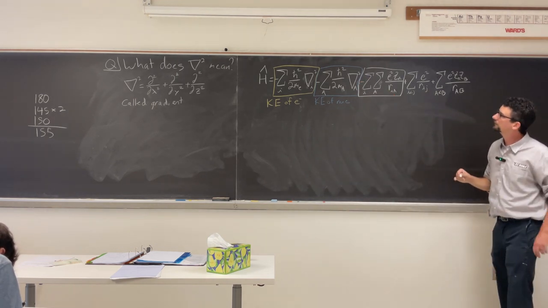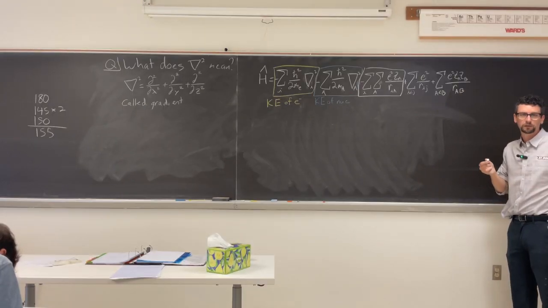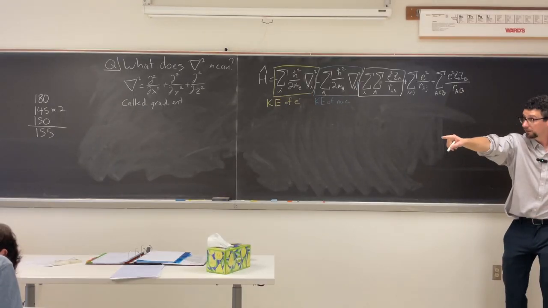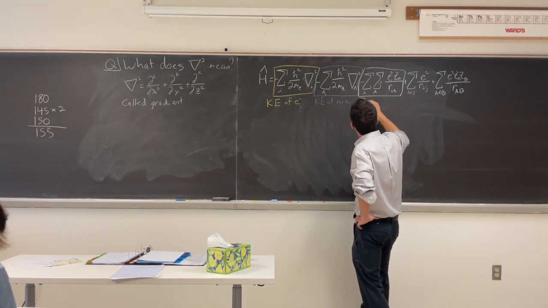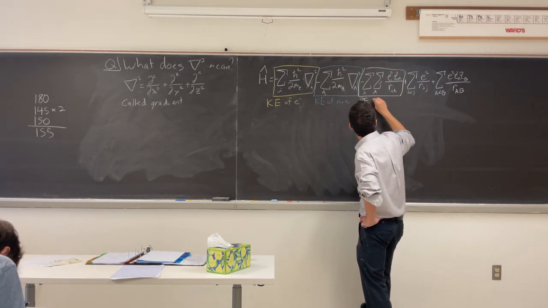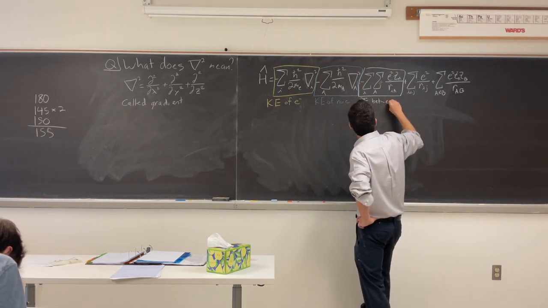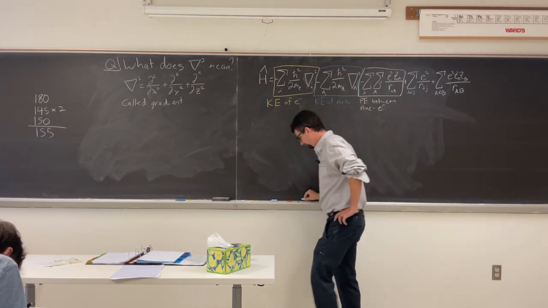What's this? What particles are in here? This is going to be the attractive forces of the electrons and the atoms. Yep. So this is a potential energy, which is also an attractive force between nucleus and electrons.